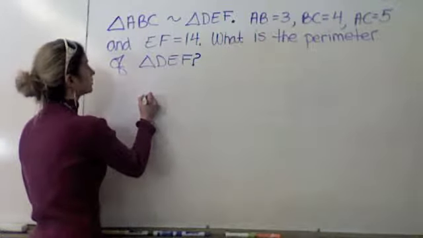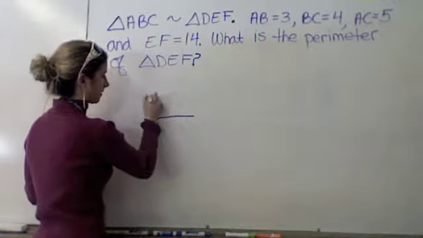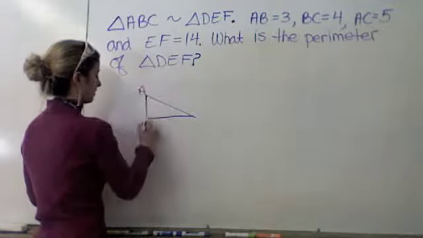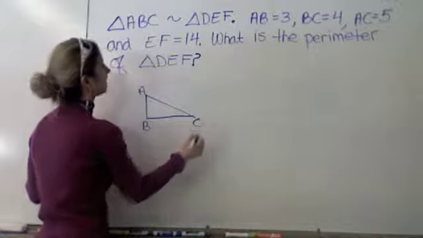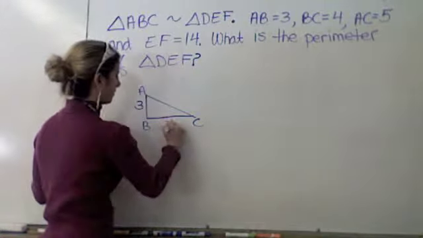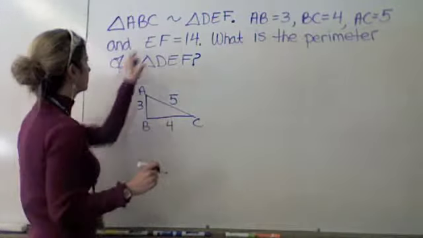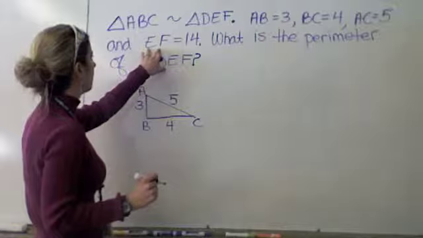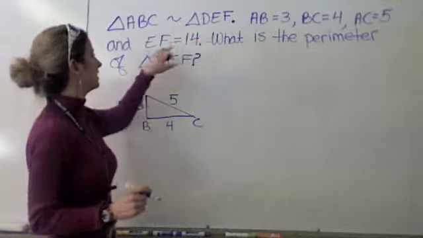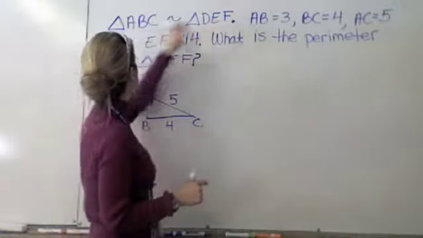So we're going to start off with triangle ABC. Okay, so A, B, C. Now, AB is 3, BC is 4, and AC is 5. Good. Now, I know it's similar to triangle DEF, sorry. So EF is 14. So EF, its corresponding side is BC.